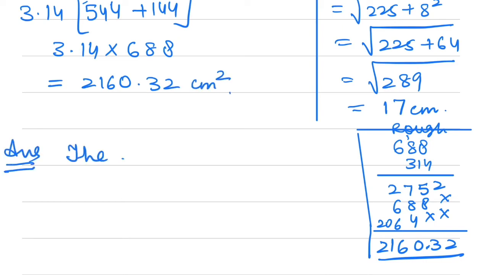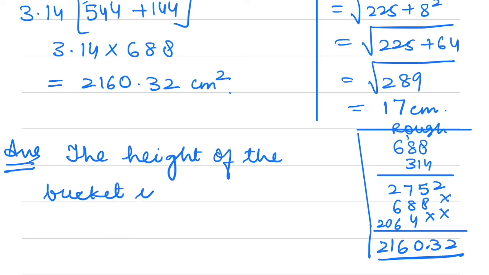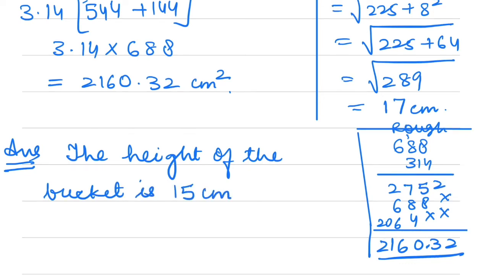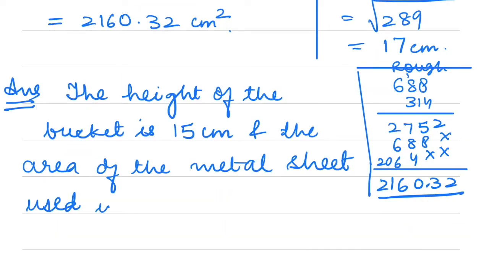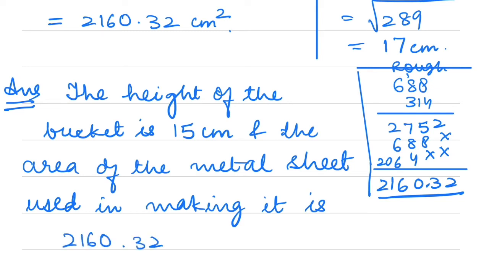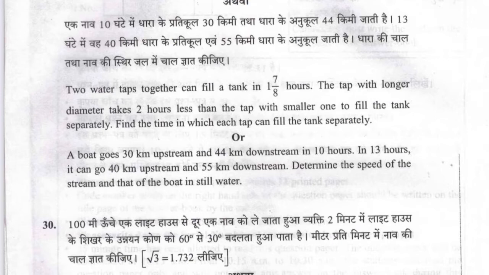Answer: the height of the bucket is 15 centimeter and the area of the metal sheet used in making it is 2160.32 centimeter square.